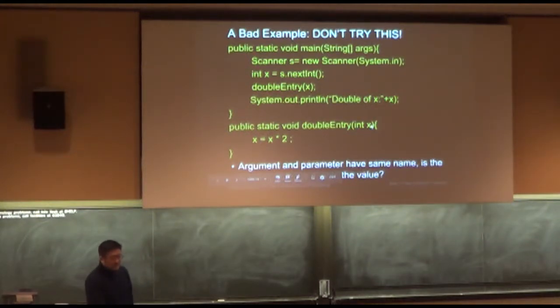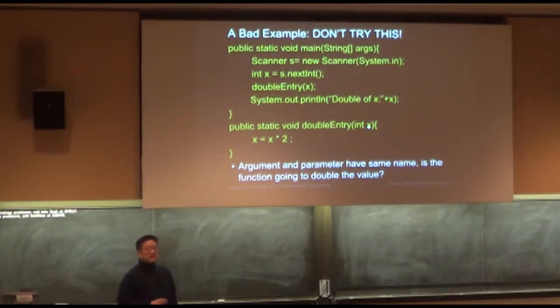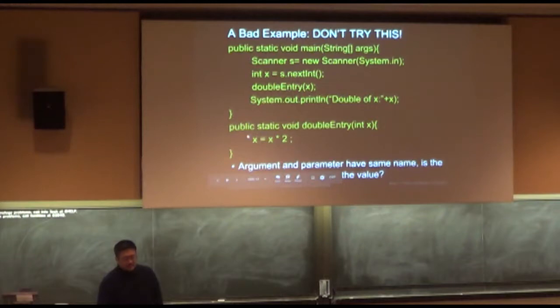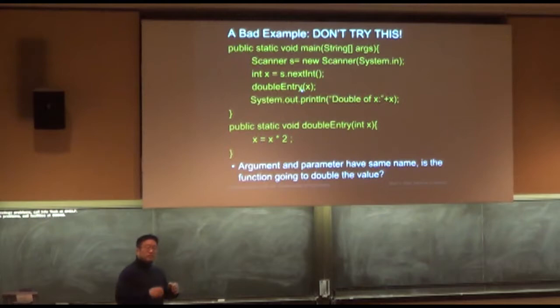So because it has the same name, you might overlook the fact that it has a different scope, and you might think that this x here has the same scope as this, and therefore modifications of this x here carry over to this x in the main method, but they're actually two different things.